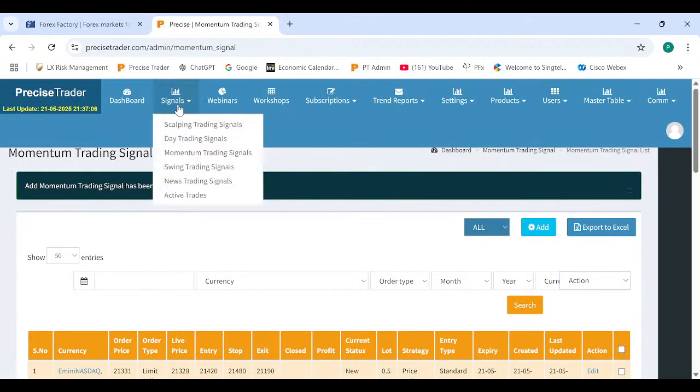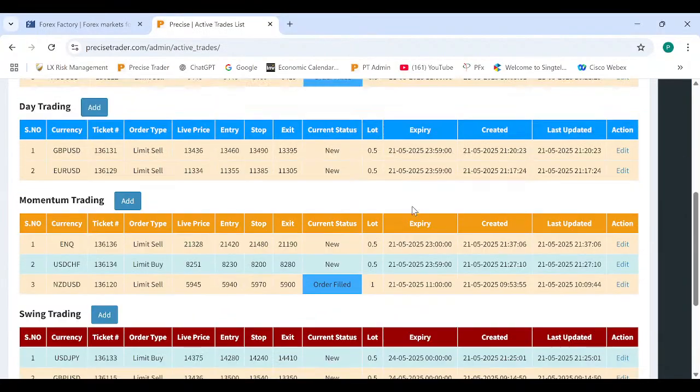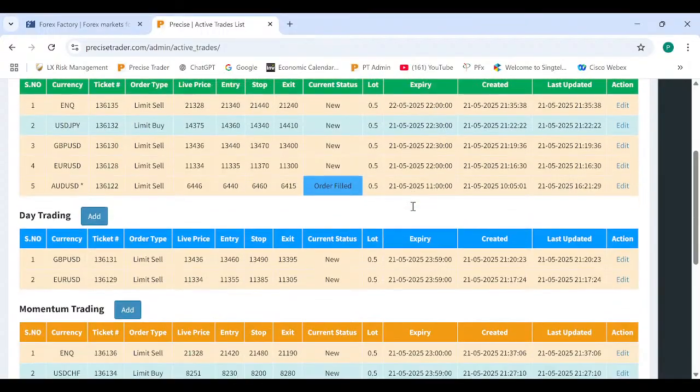Okay, so now let's see what are the trades we have given, and what are the things we are working on.